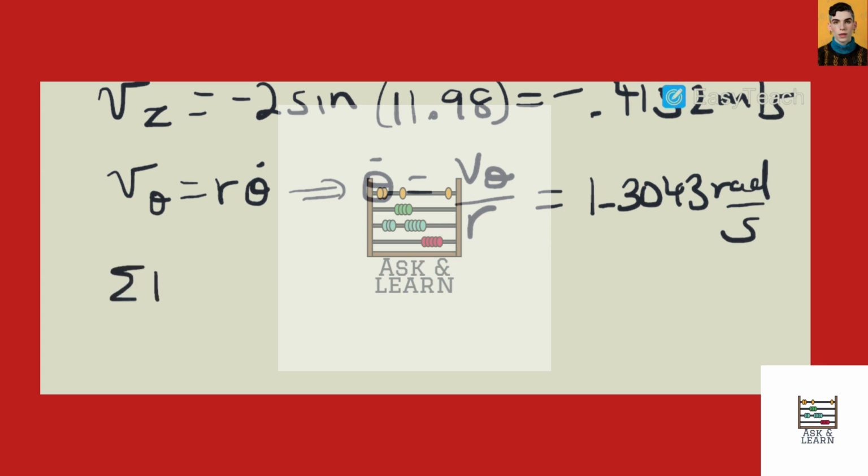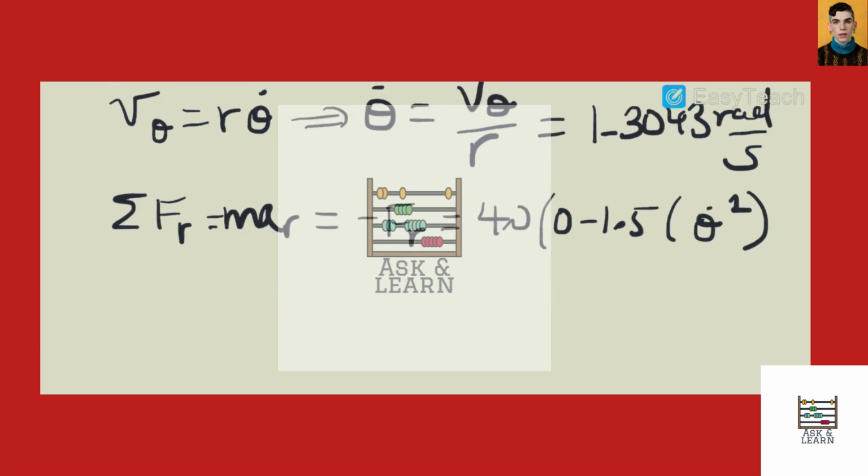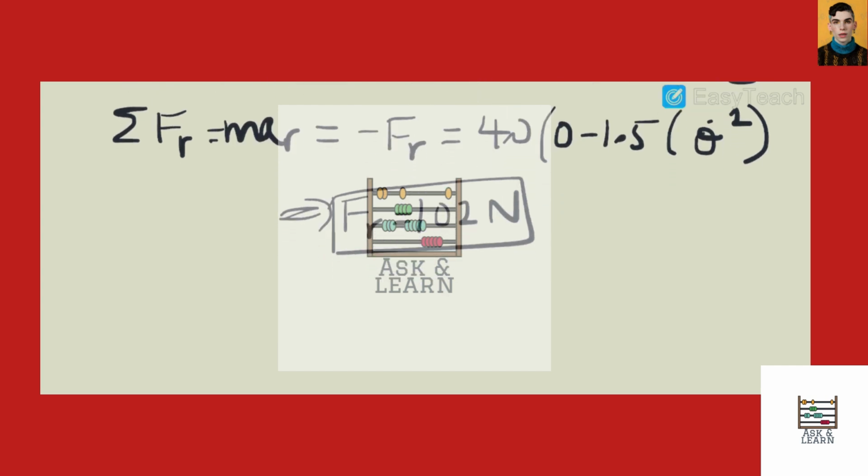We can say that the net force in r is equal to m times ar, which is equal to negative Fr, which is equal to 40 times the quantity 0 minus 1.5 times theta dot squared. This gives us an Fr equal to 102 newtons. So that's one part of our answer.